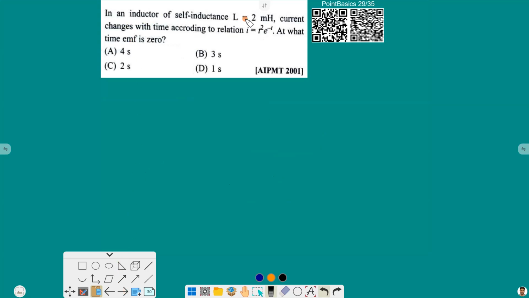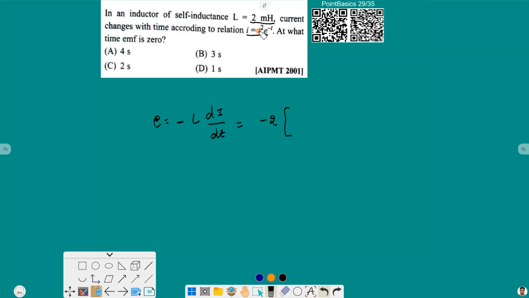In an inductor, self-inductance is 2 millihenry. Current changes according to this relation. At what time will the EMF be 0? So the induced EMF is minus L di by dt for an inductor. So minus 2 into the derivative of this value.